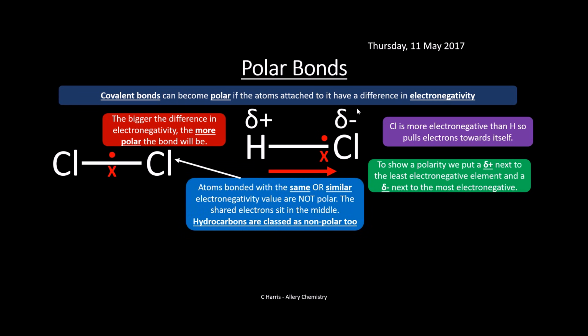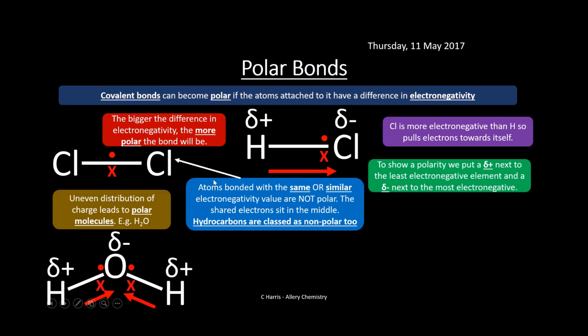Some molecules like this, for example, are not polar. They are both just as electronegative as each other, so the electrons sit bang in the middle between them. Also, hydrocarbons are not classed as polar. Even though we've got a slight electronegativity difference between carbon and hydrogen, because it's really, really small, we class hydrocarbons as non-polar.